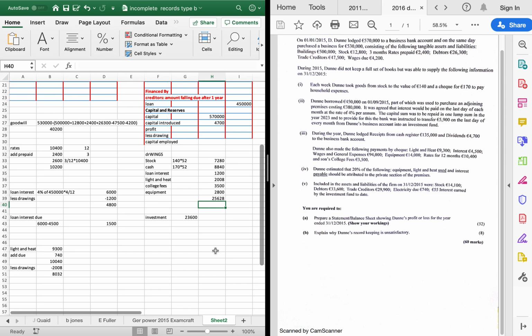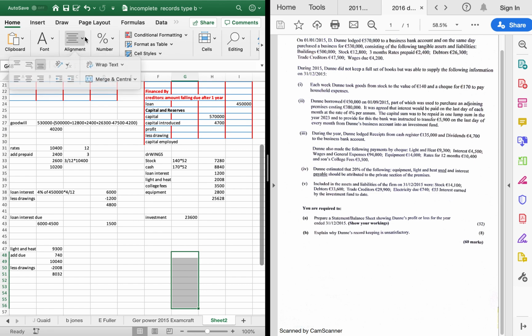The last thing I have to do is my bank working. So we have to go back and do like an incomplete accounts with our bank. Our bank account is identical to an incomplete accounts. We're going to put our receipts on the left. So if this is a T account, our receipts are on the left. So what have we lodged?